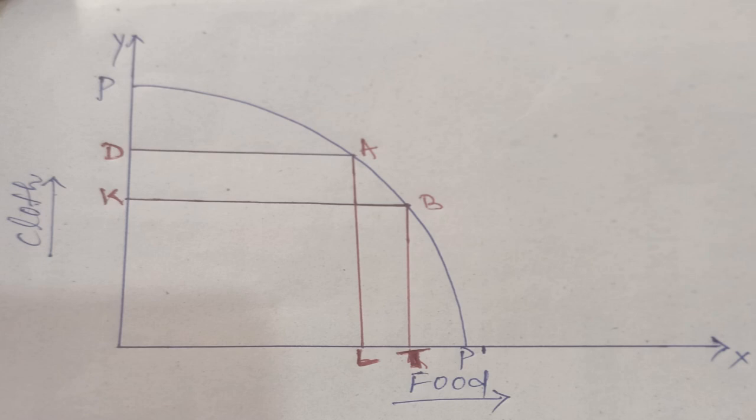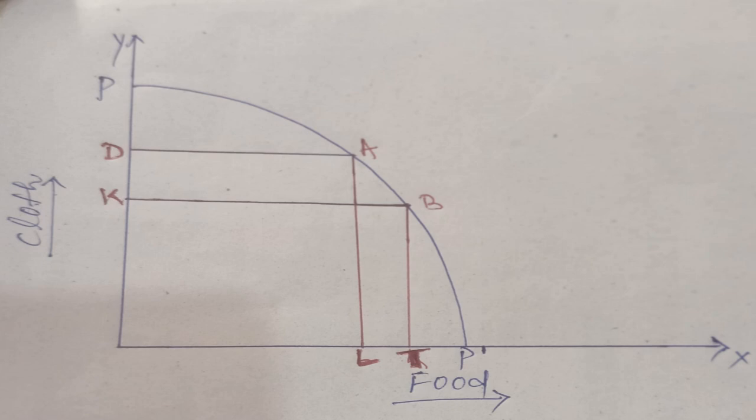In the diagram, we have shown that in order to gain LT amount of food, the economy has to sacrifice decay quantity of cloth. So, the resources utilized for decay amount of cloth would now be diverted towards producing an additional LT amount of food.